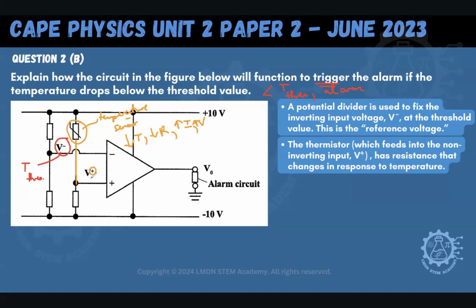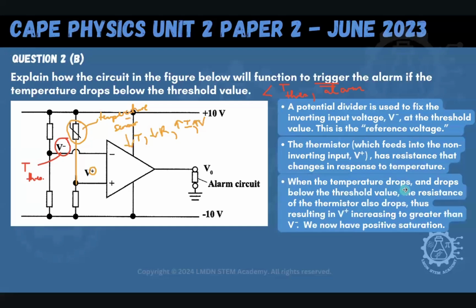So we say, when the temperature drops below the threshold value, the resistance of the thermistor also drops, thus the voltage we see at this non-inverting input increases, and it becomes greater than V minus.